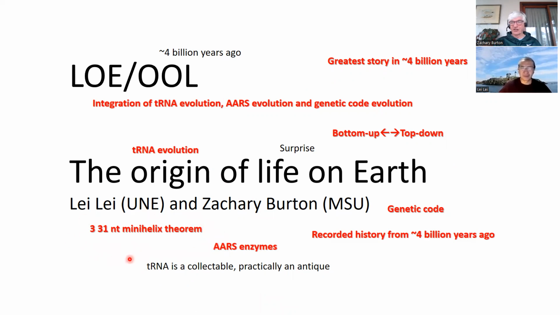So this is the Rosetta Stone for the evolution of life on Earth. tRNA sequences have survived from pre-life, and they've survived so that the primordial sequences before living organisms on Earth are still clearly recognizable. So I think I'll stop there and stop sharing.